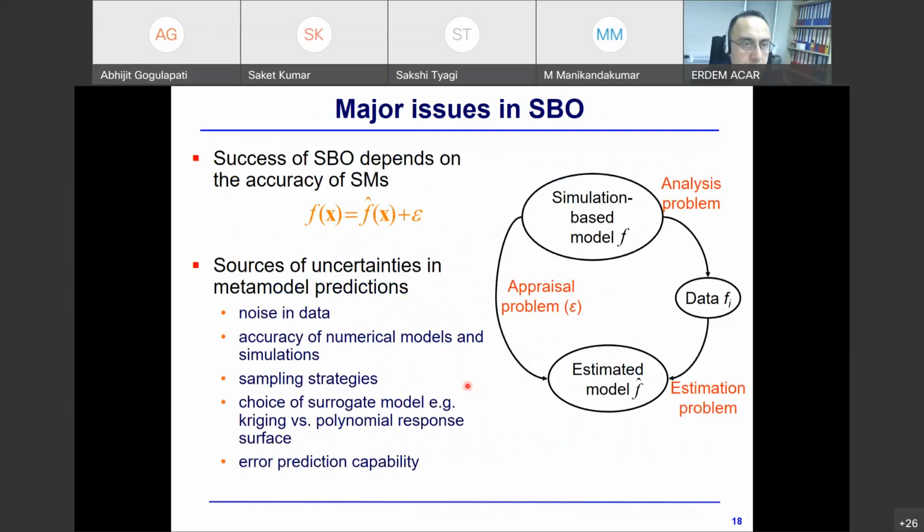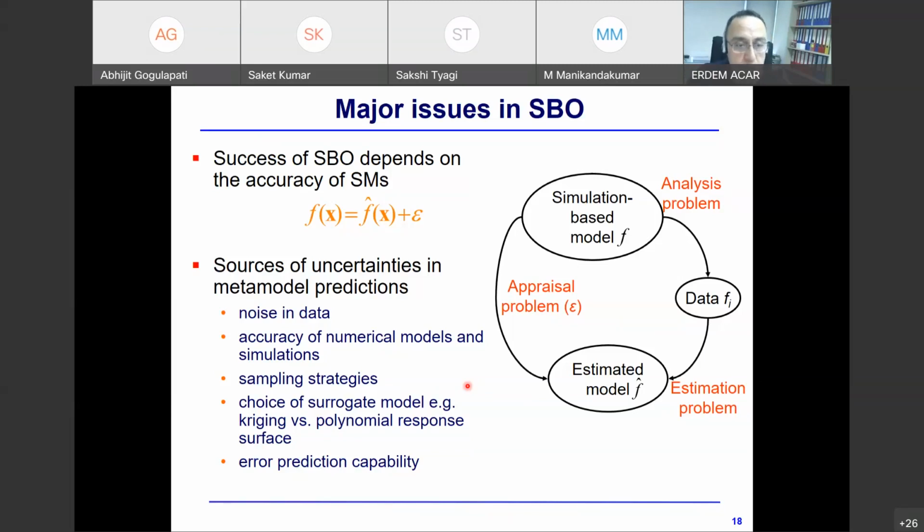Let me speak on major issues in surrogate-based optimization. The success of surrogate-based optimization depends on the accuracy of the surrogate models, obviously. But there are some sources of uncertainties in our surrogate model or meta-model predictions. There can be noise in the data, or the accuracy of the numerical models or simulations may be insufficient, or we have chosen the wrong sampling strategy.